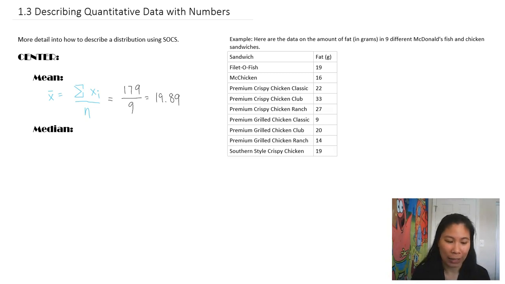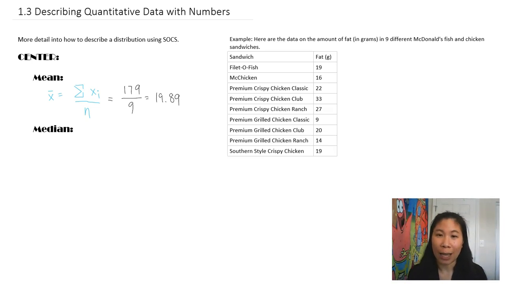Okay, next is the median. Last time we just said do it in the calculator, real easy to do. But the first thing we want to do if we're doing this by hand is to put everything in order. I know this is a longer method, but I want to really make sure you guys understand how to find the median, and then consequently Q1 and Q3, the quartile 1 and quartile 3 numbers for our 5-number summary in a data set, because we are dealing with numbers here.